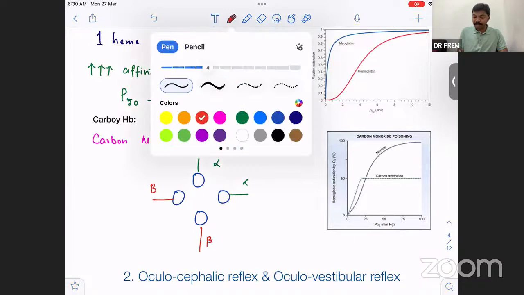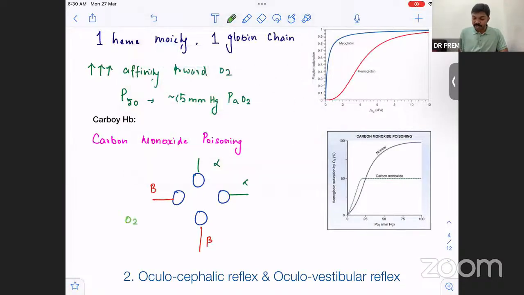And you know very well, when it comes to the affinity of oxygen, the first oxygen combines with heme with less affinity. The second oxygen combines with heme in a slightly increased affinity. The third oxygen combines with heme in a much greater affinity. The fourth oxygen combines with heme in a significantly high affinity. So there is going to be a progressive increase in affinity for hemoglobin towards oxygen.